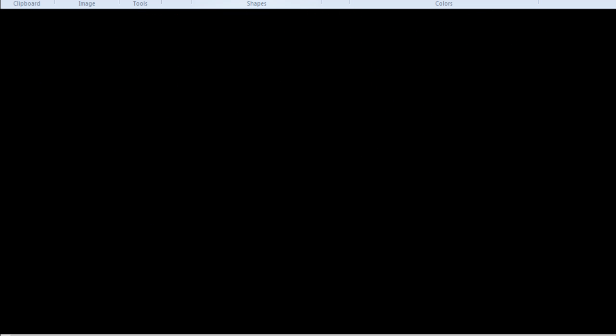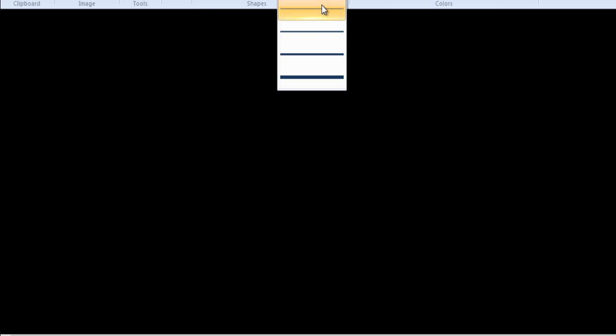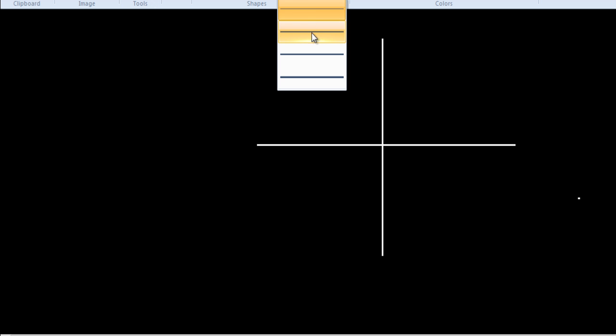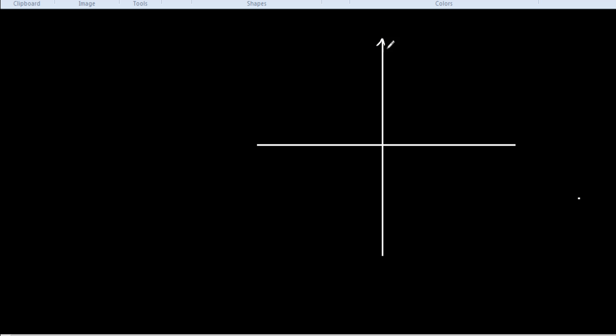I draw another graph here. This is our y axis, this is our x axis. Okay, I give some name to this and first try make it. I'm drawing this graph. This is our x axis, y axis, and this is our origin.